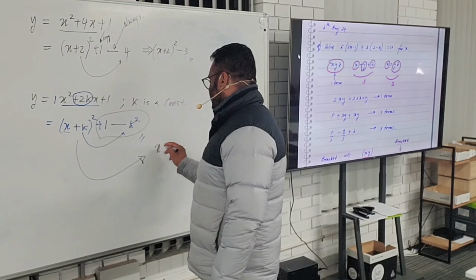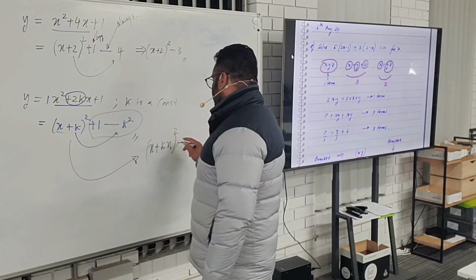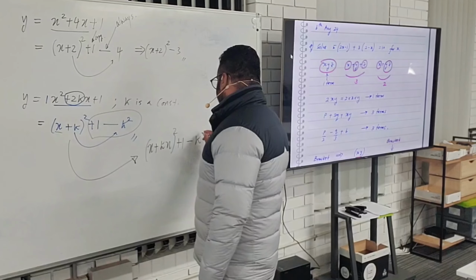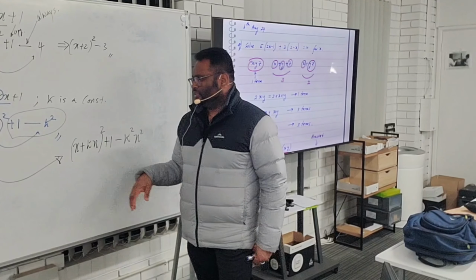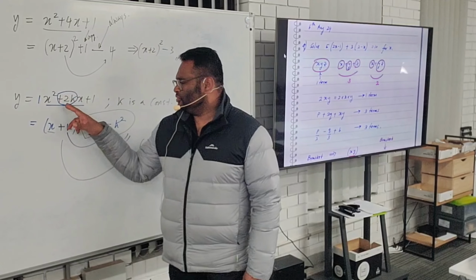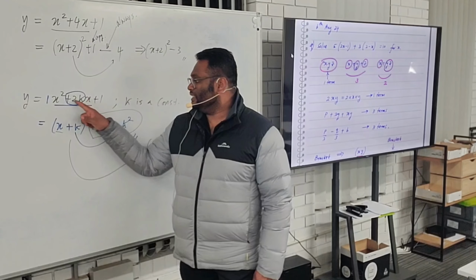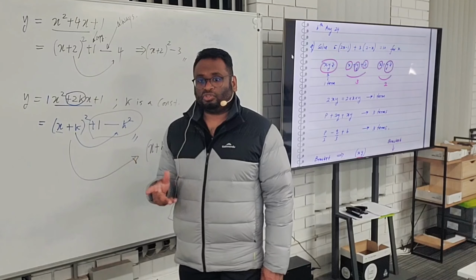Some people do x plus kx squared plus 1 minus k squared x squared. I have seen people giving me this answer. What do they do? They know they have to divide this by 2, so they mistakenly put the whole thing there. But they are so unconscious. Why?